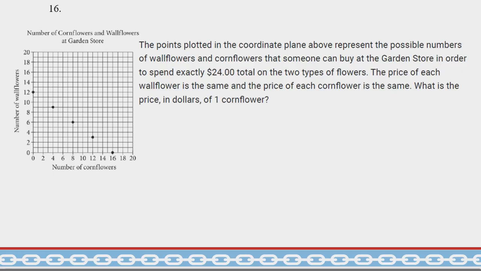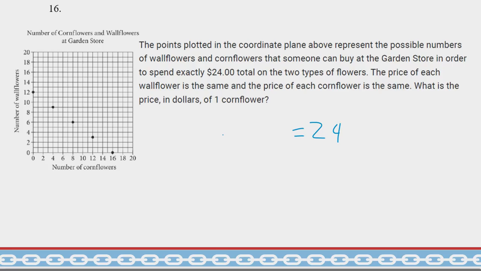So here is what we know. We know that when we add everything together, it has to equal $24. Right? I also know that, let's just call them wallflowers and cornflowers.